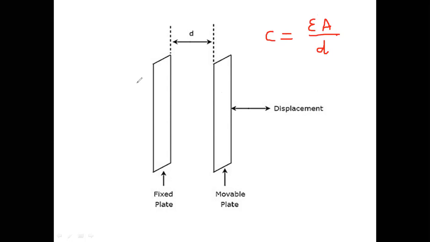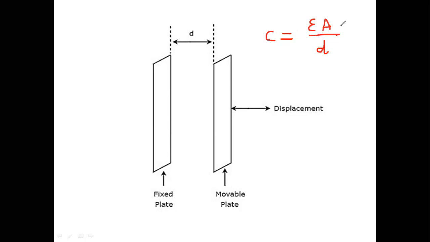Capacitor transducers are used to measure displacement and also liquid level. Rather than displacement, measurement of liquid level uses capacitor transducers highly in the industries.